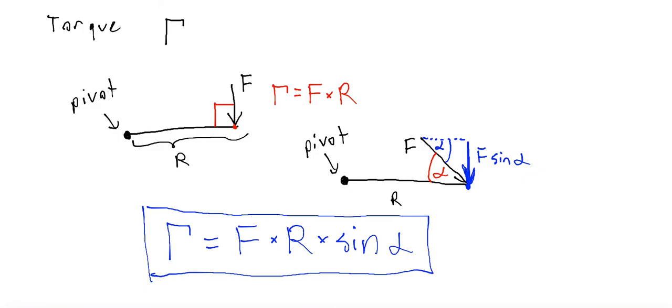Okay? So torque is very, very important in the case of rotation. I said this at the beginning. Okay, so let's now do a first simple example. Let's imagine that you have a rod which has no mass, which is able to rotate around this pivot.